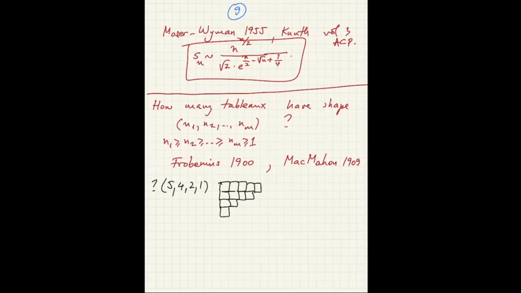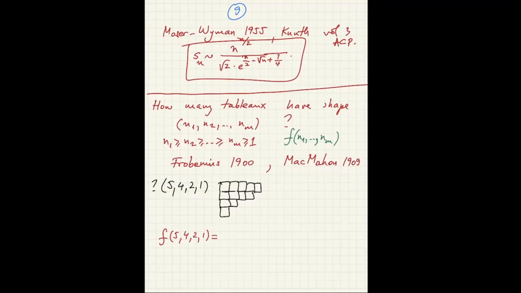Okay. Now here's the idea. It's a recursive formula. So let's denote this number of tableaus by f of n1 through nm. And here's an observation. If I want to count the tableaus of shape 5, 4, 2, 1, I know that 5 plus 4 is 9, plus 2 is 11, plus 1 is 12.